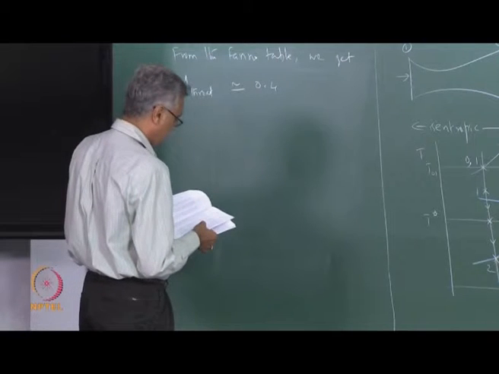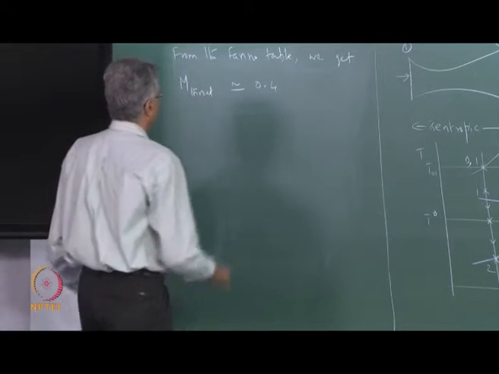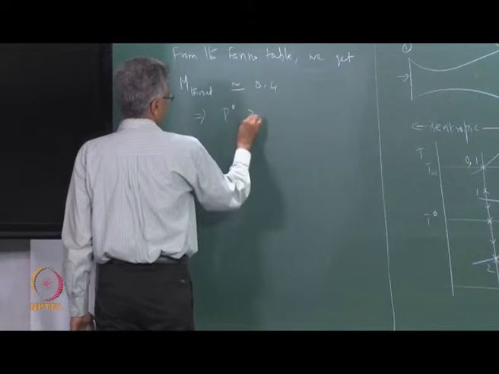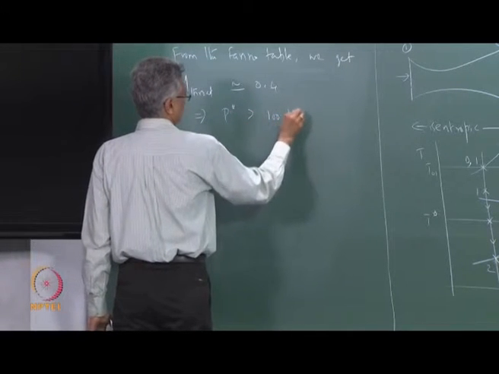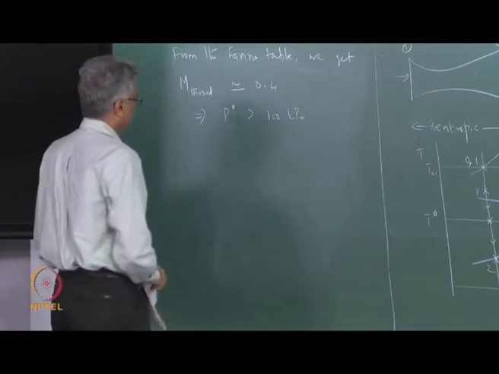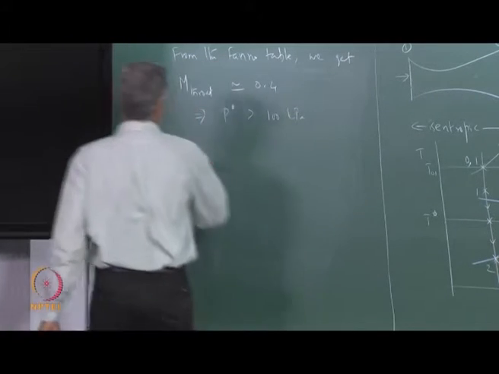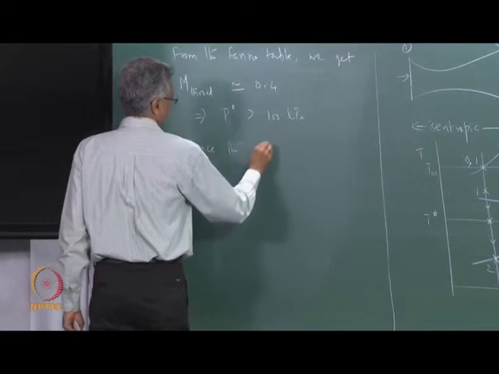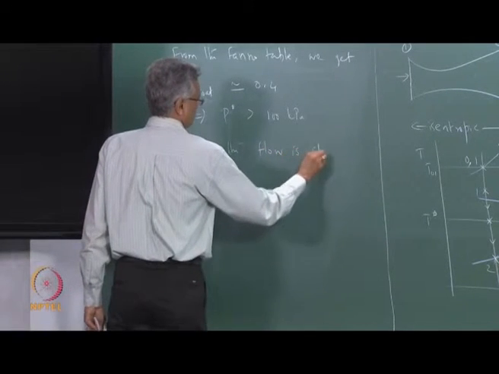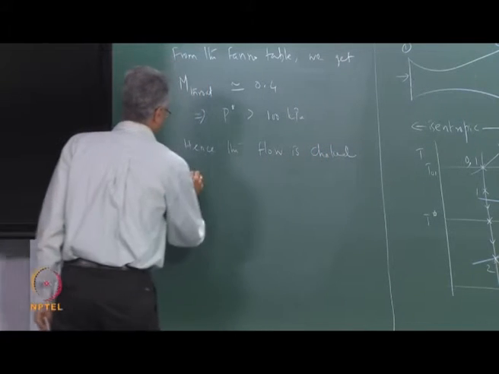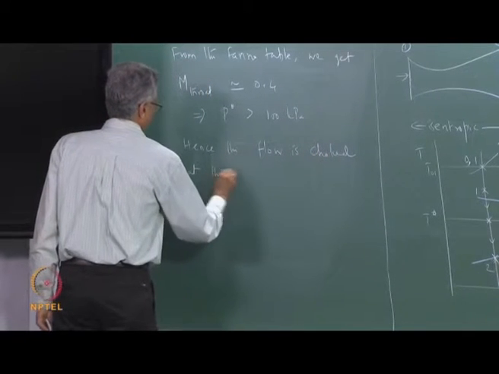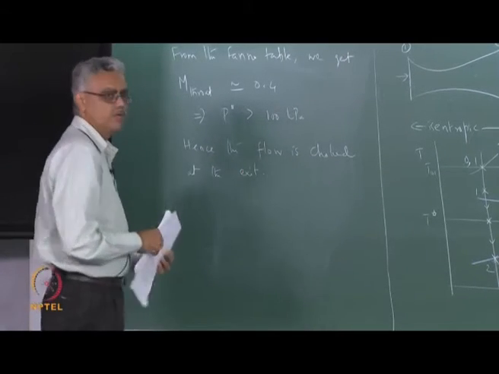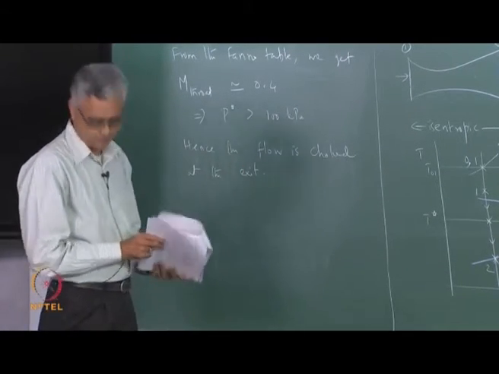We get P over P star and also P0 over P star. So from this we can show that P star is greater than 100 kilopascal, which is the ambient pressure, hence the nozzle is choked. Okay, is this clear? Go ahead.